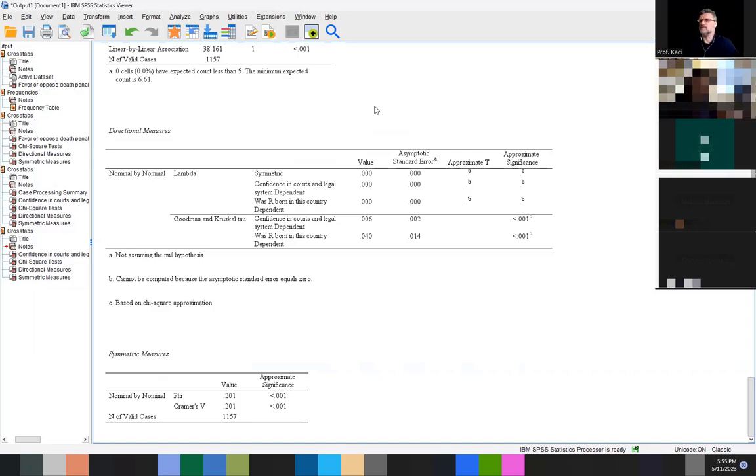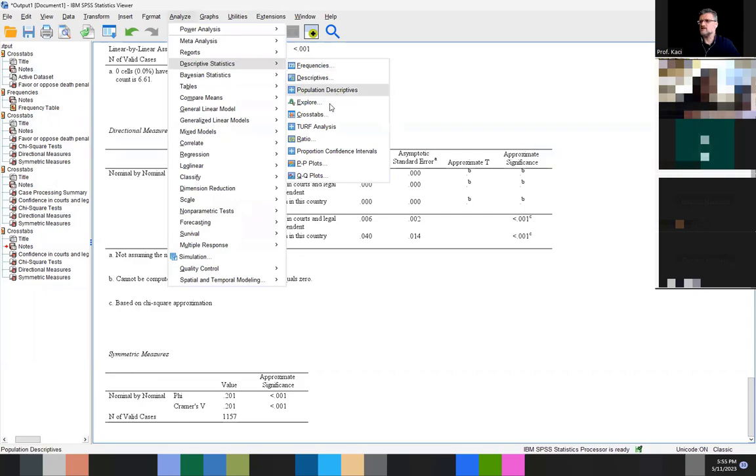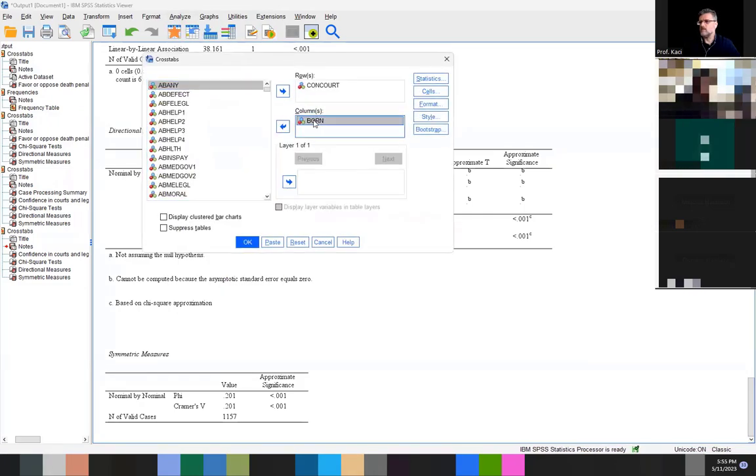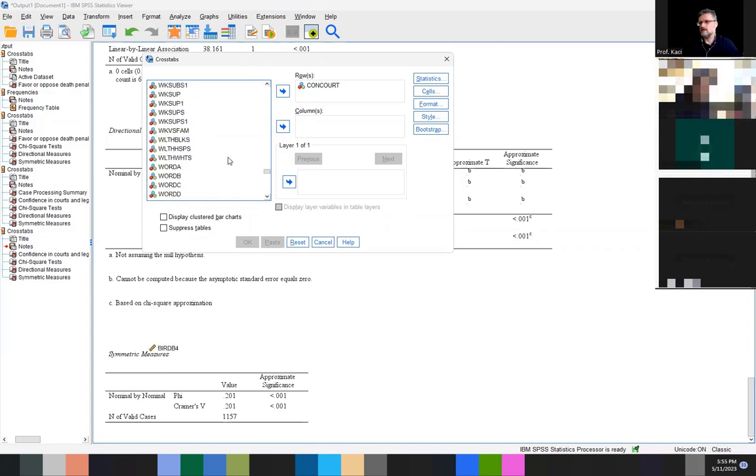in their neighborhood, right? So I'm going to go to Analyze, Descriptive Statistics, Crosstabs. I'm going to find gender. I think this is called sex. Okay, I think it's in here. Okay, sex.